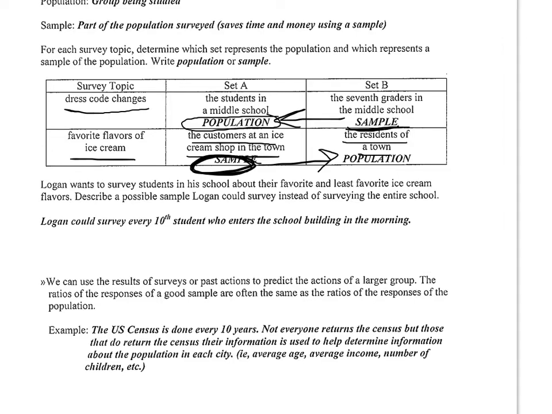Logan wants to survey students in his school about their favorite and least favorite ice cream flavors. Describe a possible sample Logan could survey instead of surveying the entire school. Now, if you surveyed the entire school, it could take him a long time to get every student. So one way is he could survey every 10th student who enters a school building in the morning. It would be a random sample, so it wouldn't be only the students in his class, which is a better sample.